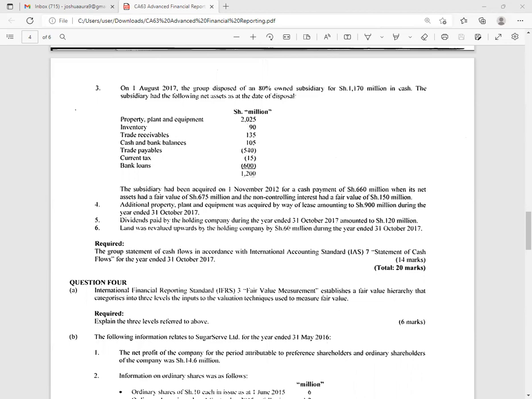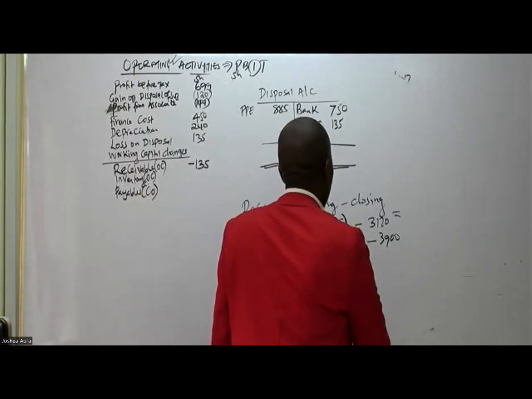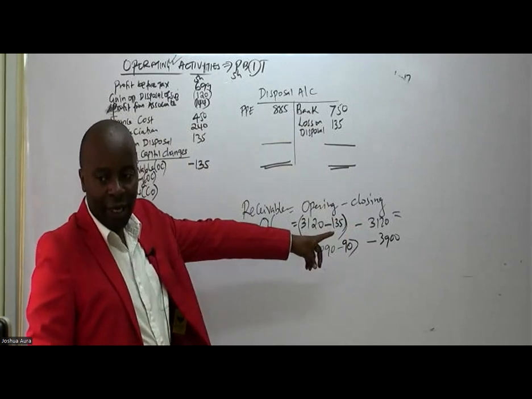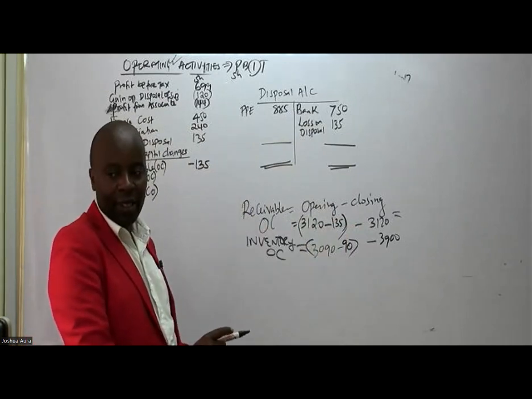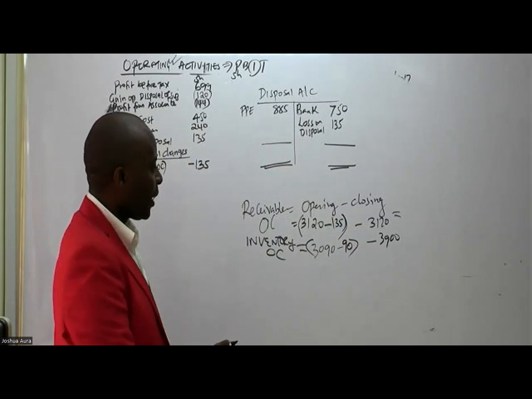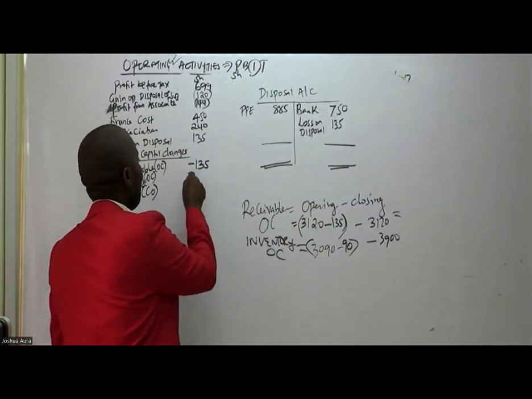So 3090 minus 90 and then minus 3900. Please give me a figure. 900, right? Is it positive or negative? Negative. So minus 900 for inventory.